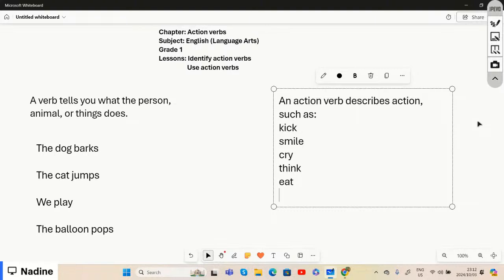I'm eating my food. Something that you're doing. Run is an action verb, and play is an action verb. That is but a few examples of action verbs where it describes action. It tells us either what the person, thing, or animal does.